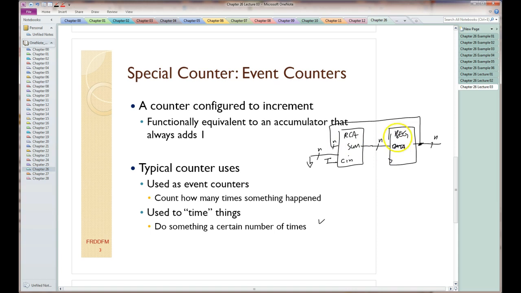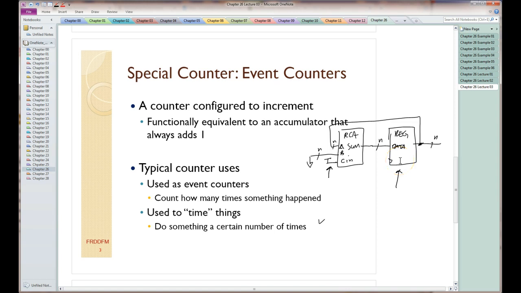This is an n-bit register. What I'm doing is taking the output of that register, feeding it into this ripple carry adder, and adding 1 to it. So what I've done here is grounded one of the inputs, but put a 1 on the carry-in, which means I'm always adding 1 to the value that's stored in this register. So this is an accumulator event counter, equivalent to a counter that increments.